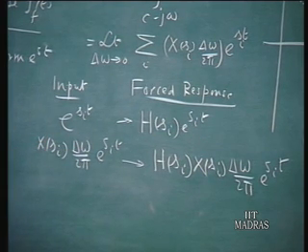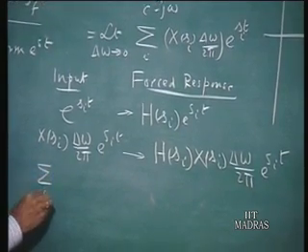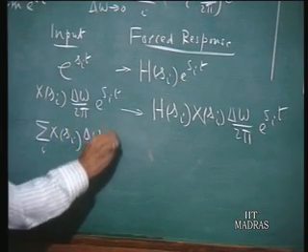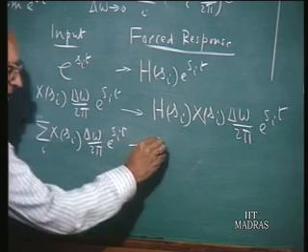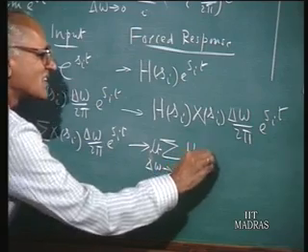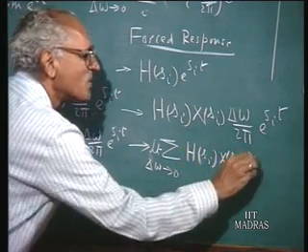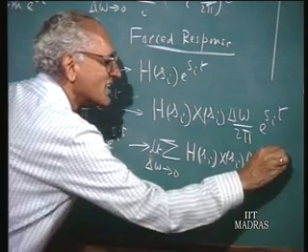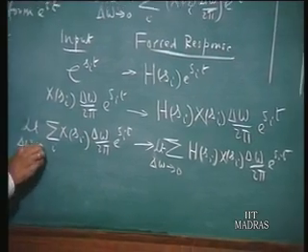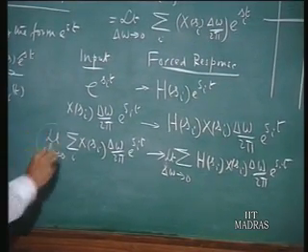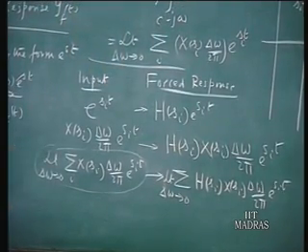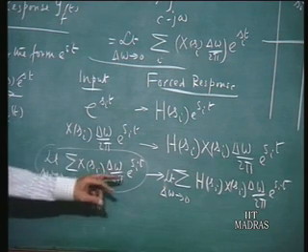We have a whole lot of these complex frequency signals, therefore we take the sum over i of X(s_i) delta omega over 2 pi e power s_i t, and correspondingly the limit as delta omega goes to 0. This is exactly what x(t) would be. We have seen from the Laplace transform theory that x(t) is the limit as delta omega goes to 0 of X(s_i) delta omega over 2 pi e power s_i t.